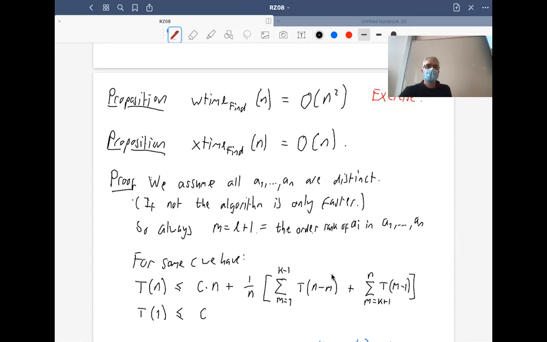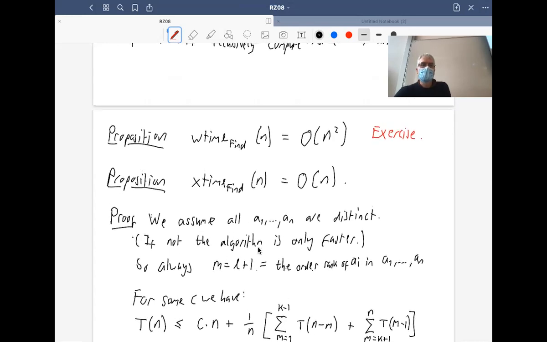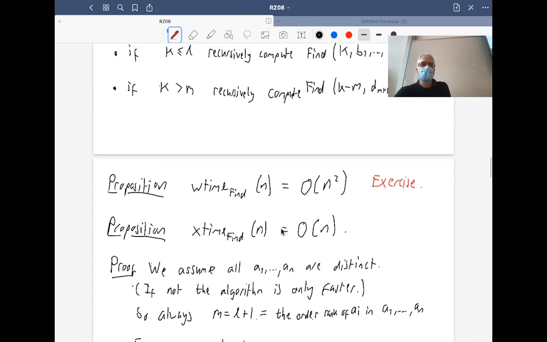To prove that, I'm going to assume that we are finding the kth element in a list of elements that are all distinct. I said this algorithm works also if the elements are not distinct, but to analyze the runtime, I'm going to assume that they are distinct.